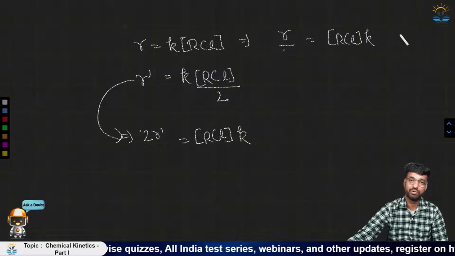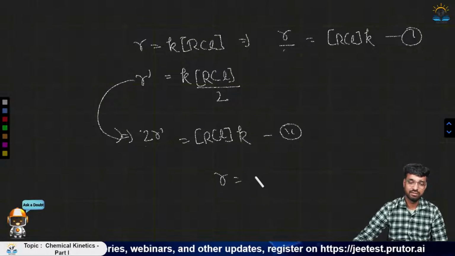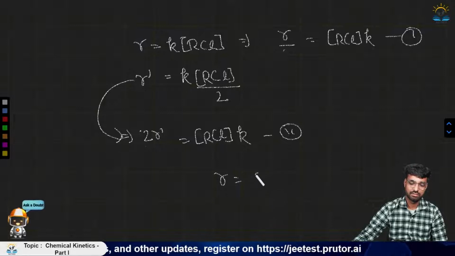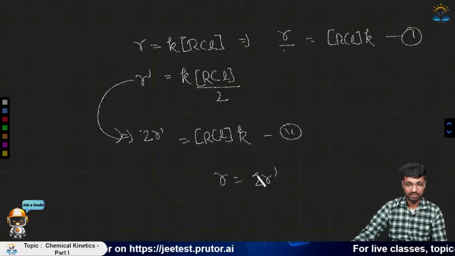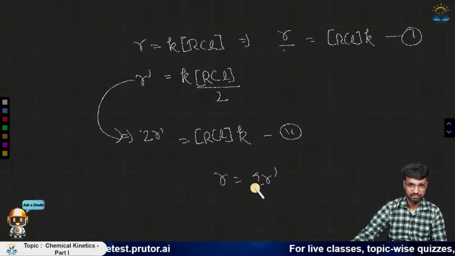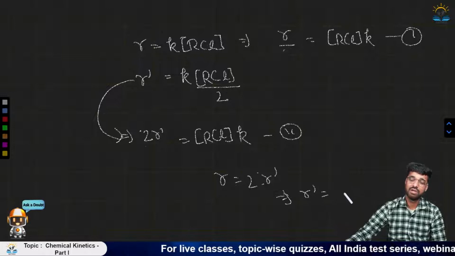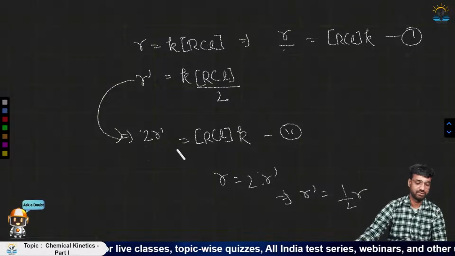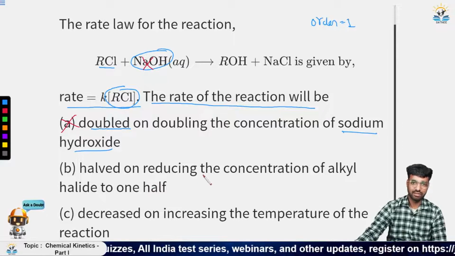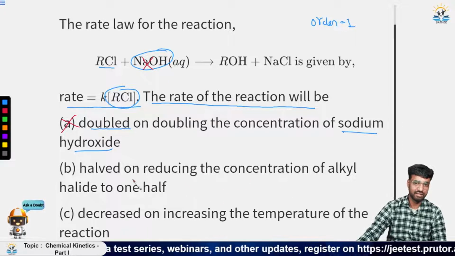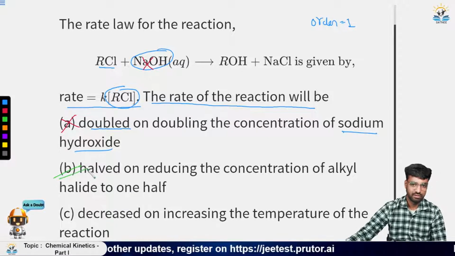Now if you equate both of these equations, that is 1 and 2, you will find that the rate has become half of the initial. The same statement is written here, that on halving the concentration of this alkyl halide, the rate of reaction will also be halved. So this is the correct statement.